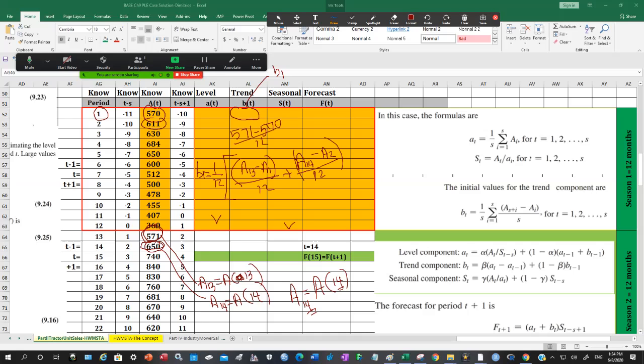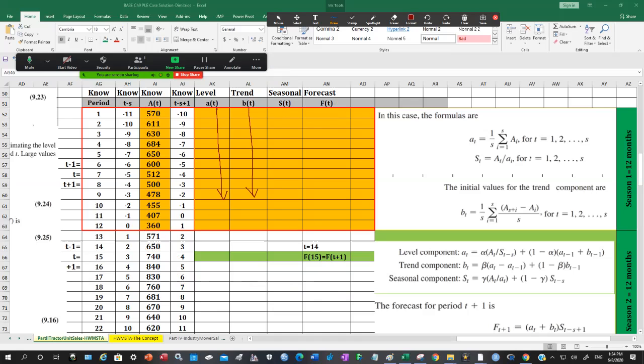So that would be plus 650 minus 611 over 12, right? And so forth.